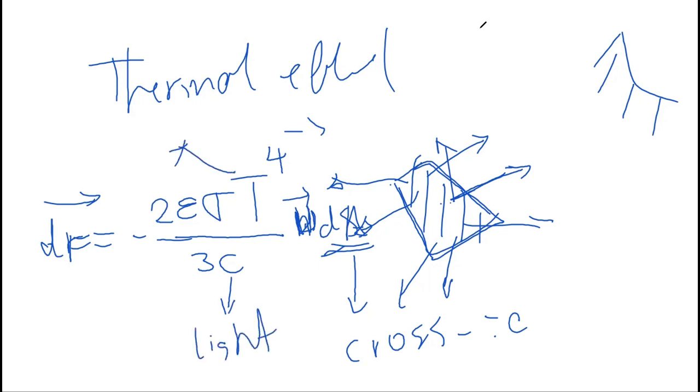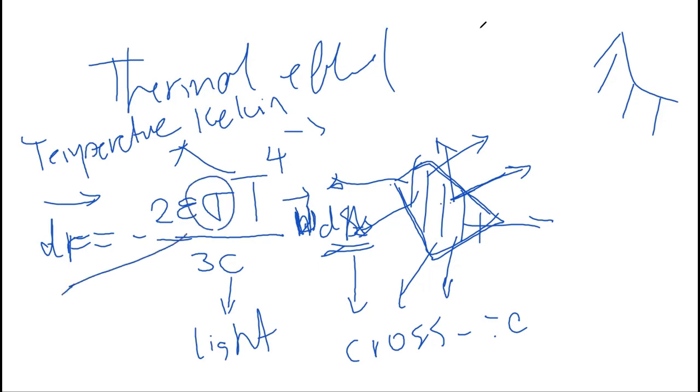T is temperature in Kelvin. And sigma is the Stefan-Boltzmann constant.